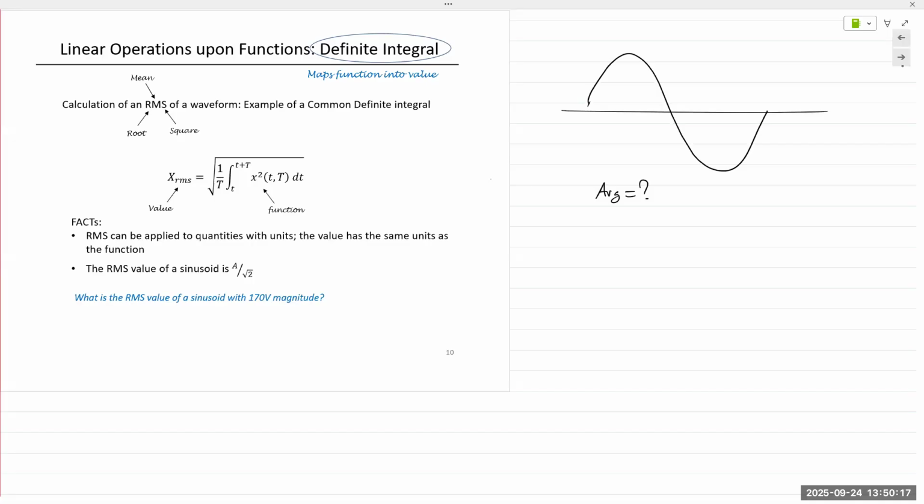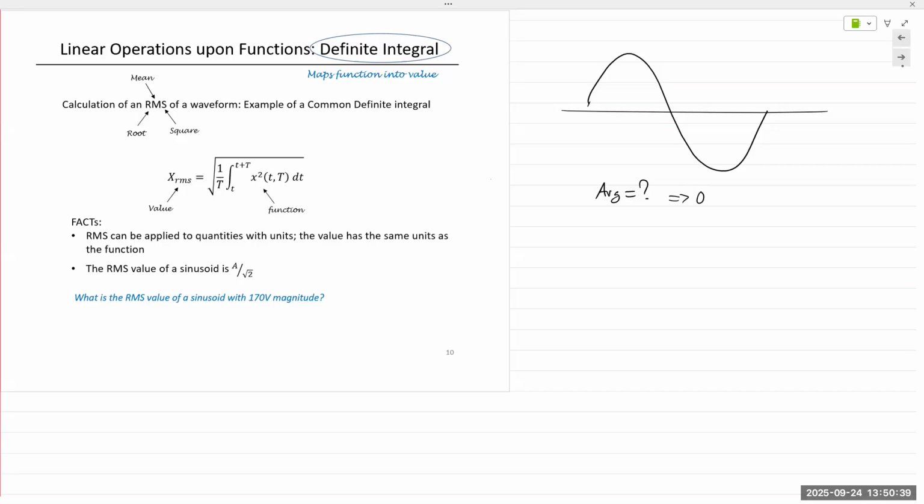Zero, right? More likely than not, this average value should be zero. Yet, when you apply AC voltage or AC current to a system, it will carry energy. It will transfer energy into the system. So energy is being transferred and converted. Power is being delivered even by that AC source.